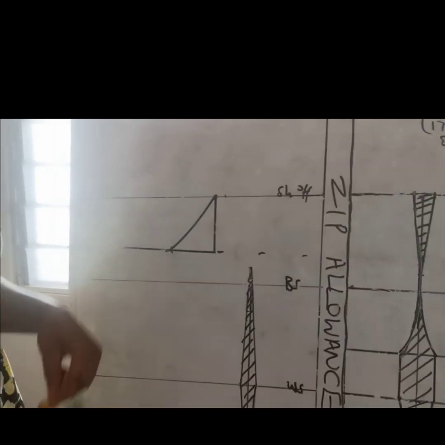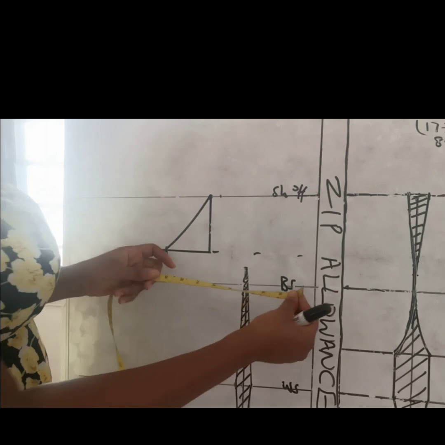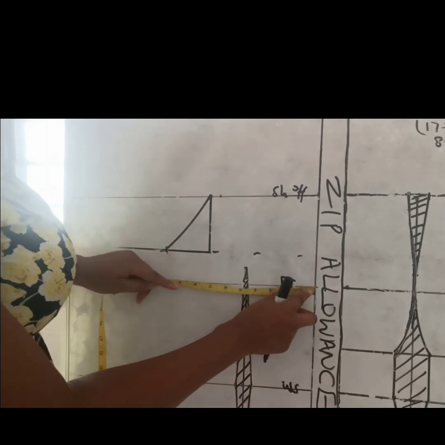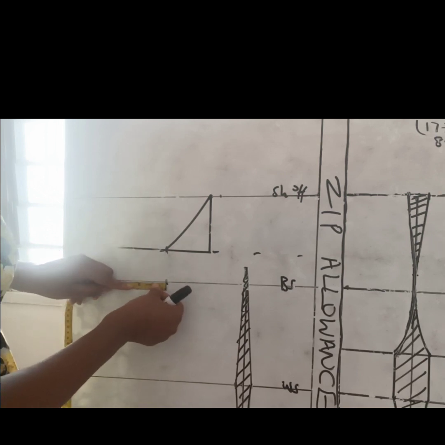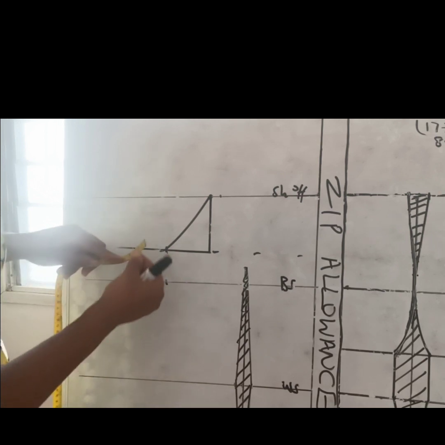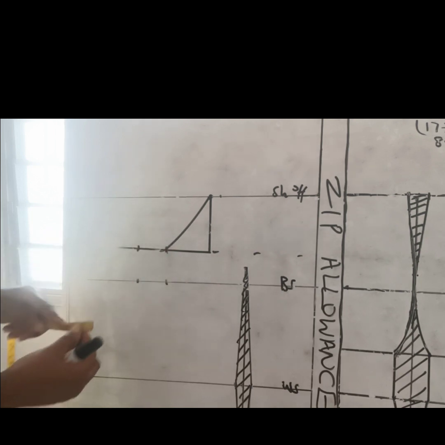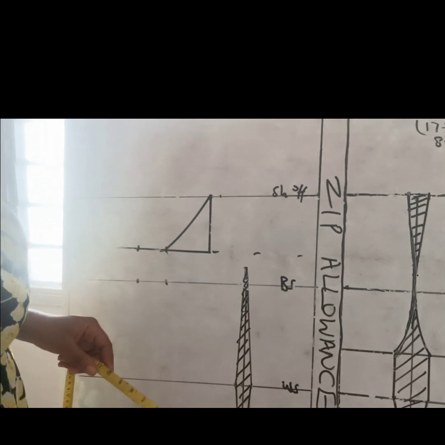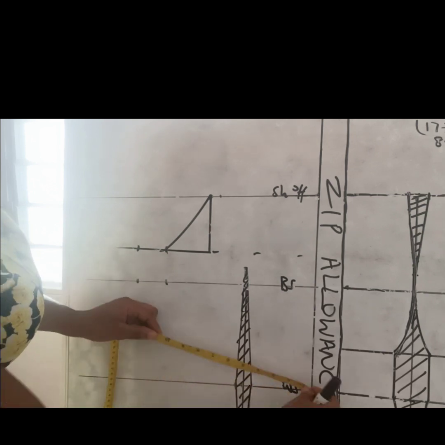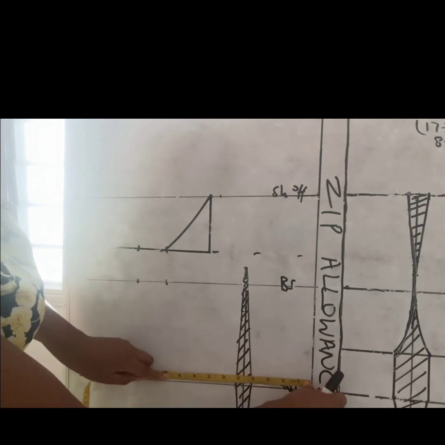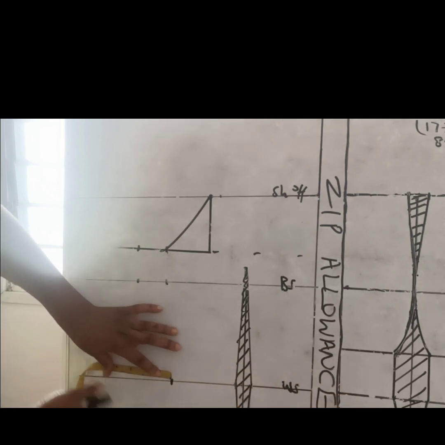Then you go ahead to impute the measurements, the bust measurement, bust divided by 4 plus your sewing allowance. You also put sewing allowance on this armhole area. Then the waistline, waist divided by 4 plus sewing allowance.